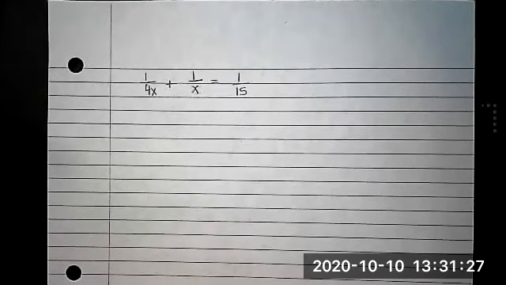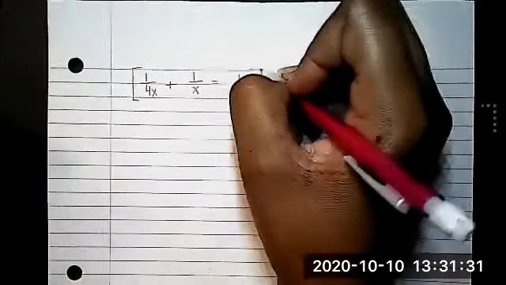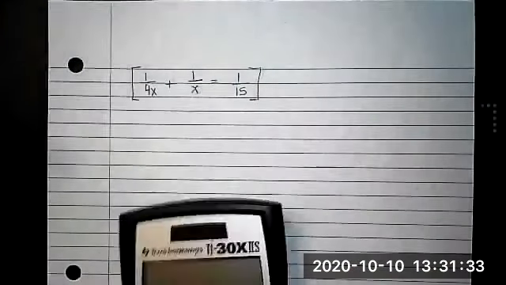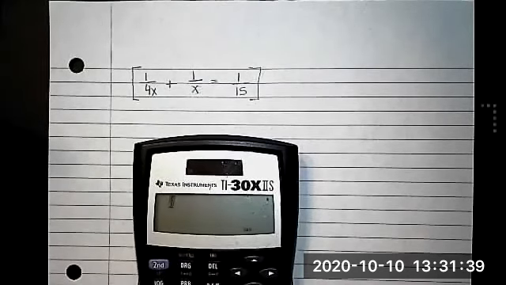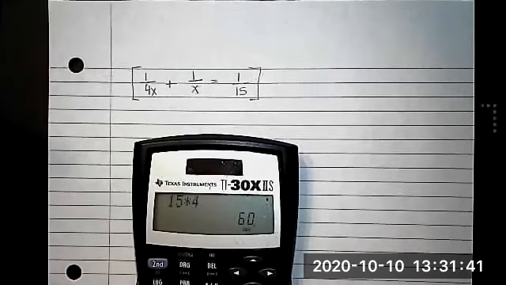All right, so once I have this problem, we've been working these types of problems out over and over again. We have to find a common denominator. I would use 15 times 4 to get that common denominator. 15 times 4 is 60.